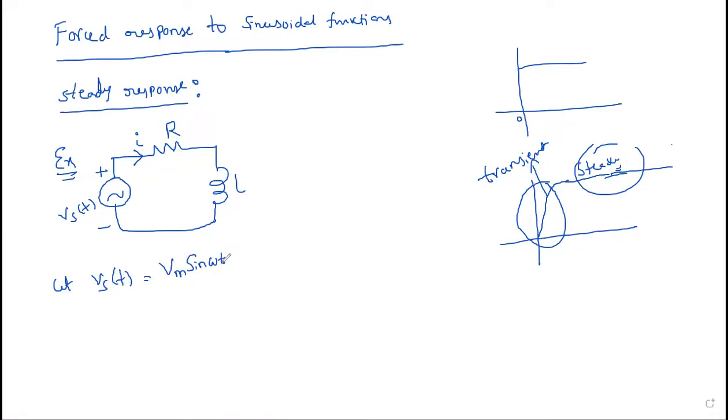So I'll assume this is Vm sin omega t. This is the input signal to this circuit.